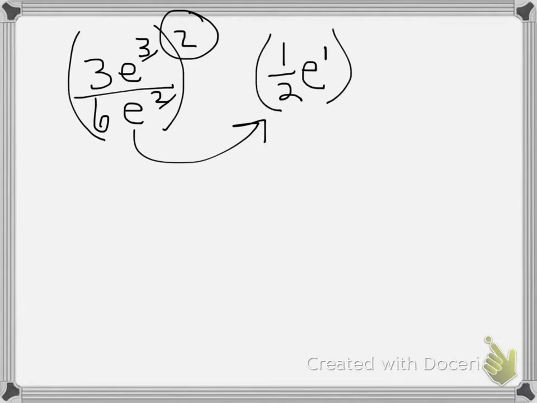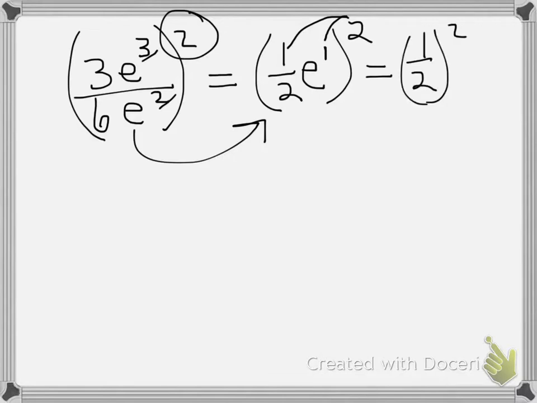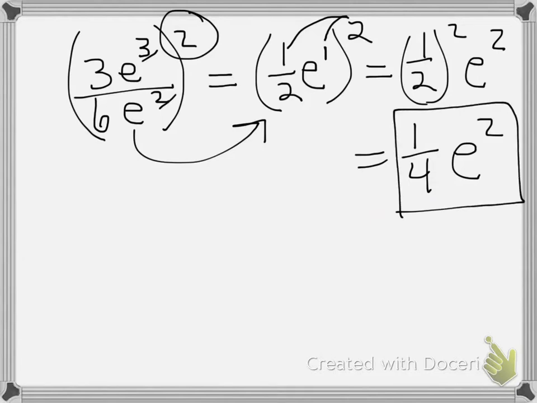And then all of that is still going to be squared. Now I'm going to distribute the square to each part of my problem, so it's going to make this be 1/2 squared times e squared. And 1/2 squared is 1 over 4. And e squared is still e squared. So my solution is 1/4 e to the second power.